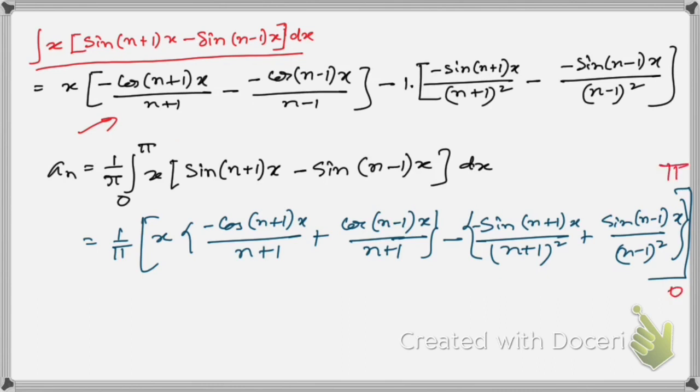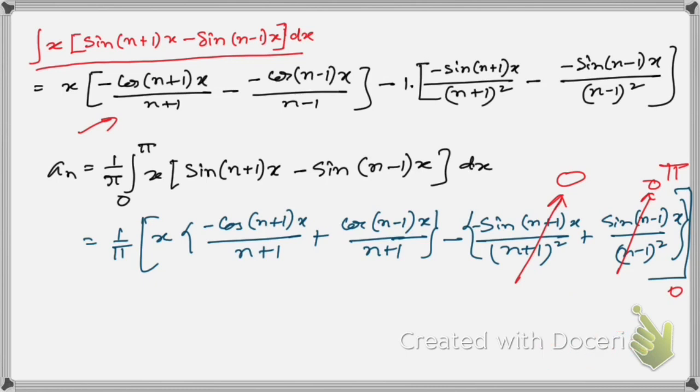For both x equal to 0 and x equal to pi, sin x is always 0, sin n pi is equal to 0, right? If you put n equal to 0, then sin 0 is 0, and sin 1 pi, that is sin pi, is also 0. That's why these two terms become 0 for both the upper and lower limit, right?